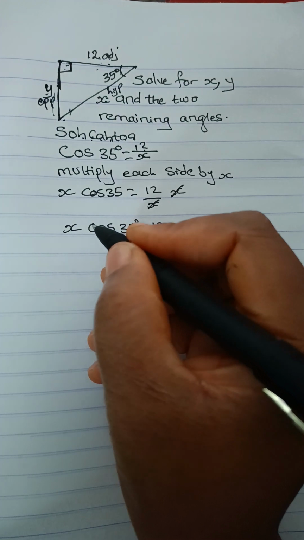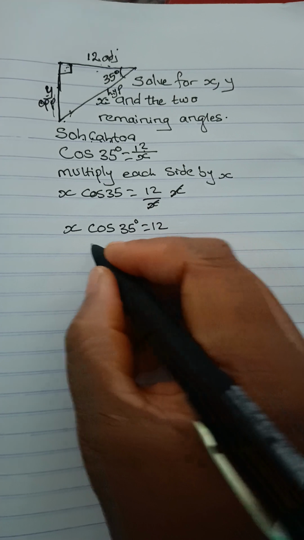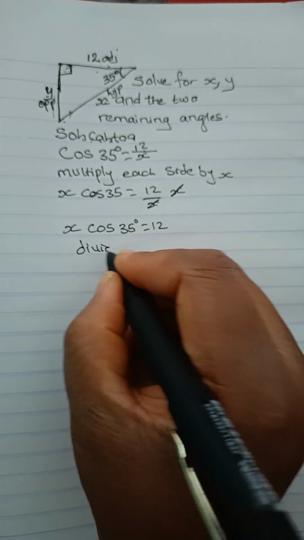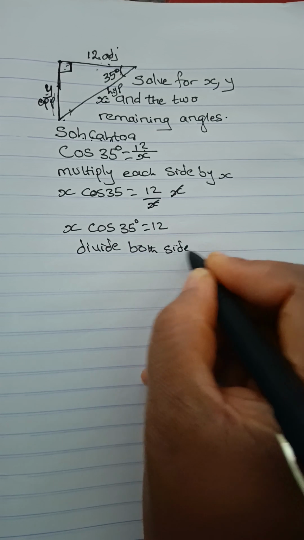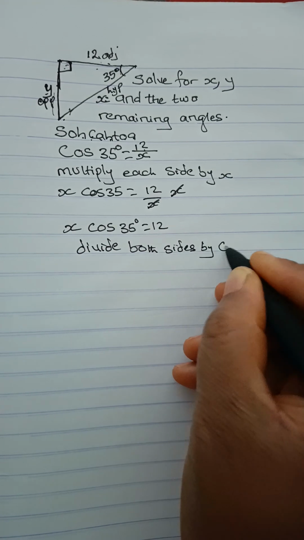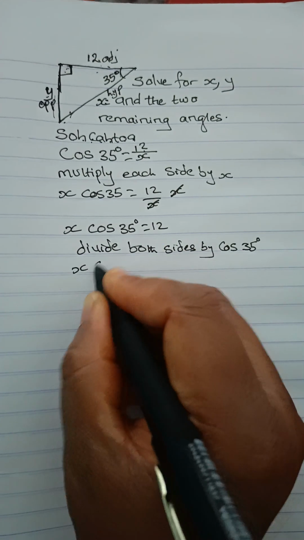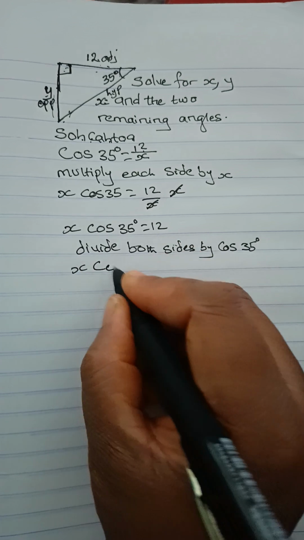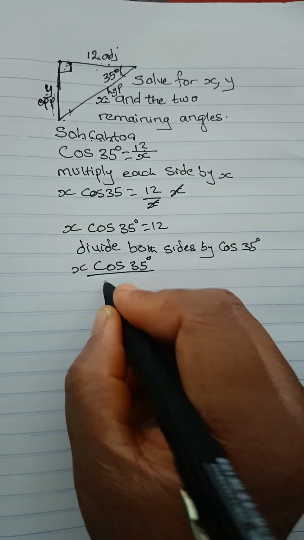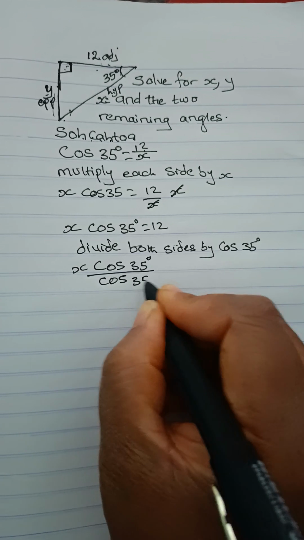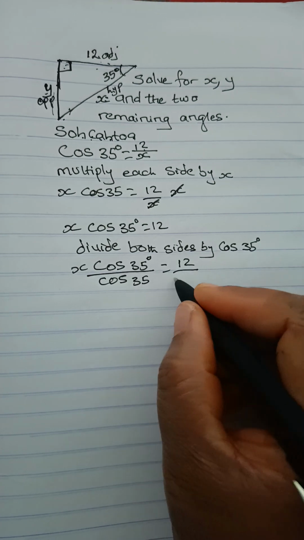So the best thing to do at this point is to divide both sides by cos 35 so that x can stand alone. So we say x cos 35 over cos 35 equal to 12 divided by cos 35.